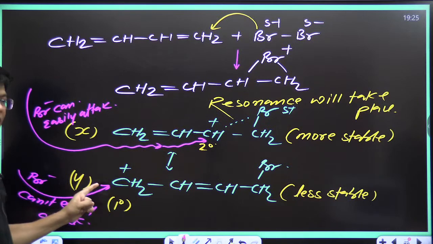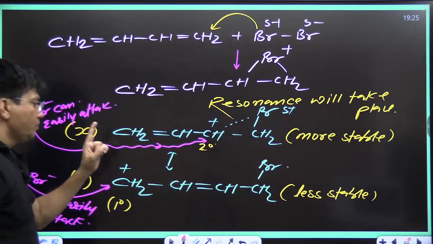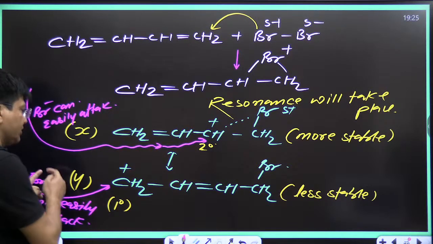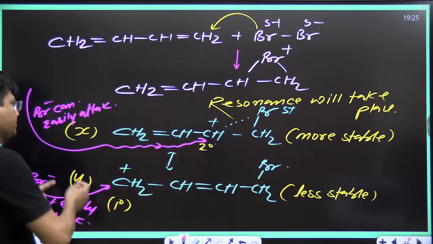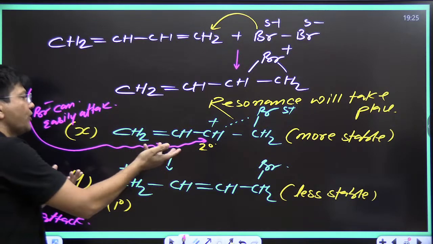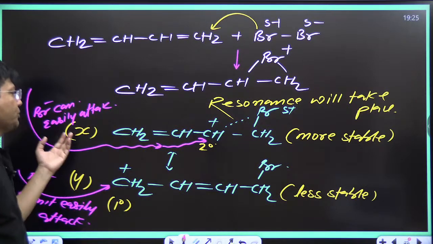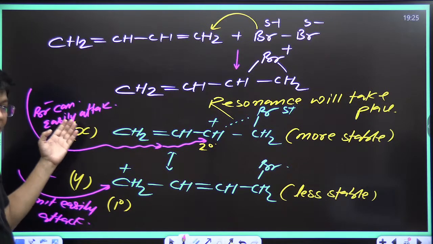So it is temperature dependent. Temperature here is indicating the energy. Means if high temperature, then maximum Br negative is going to attack on this. You will get 1,4 addition. And if less heat is there, means minus 40 degree, only few people will be able to attack over here. Rest of the people will attack on this.